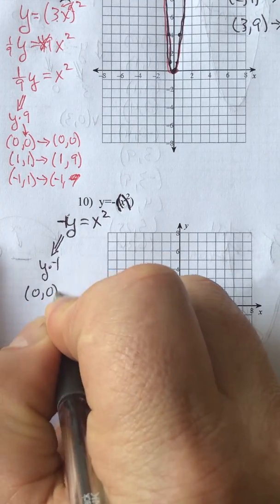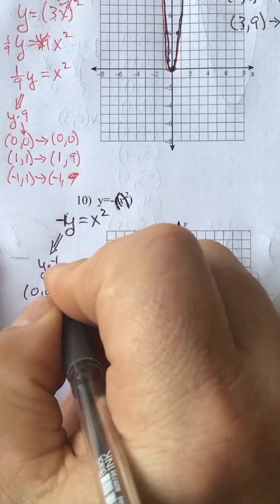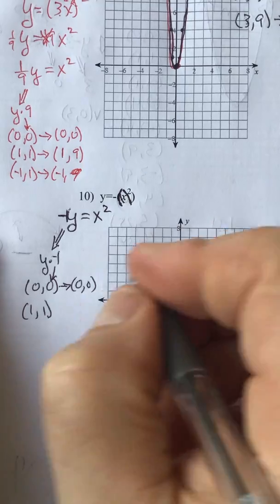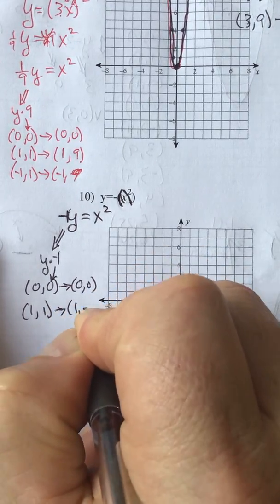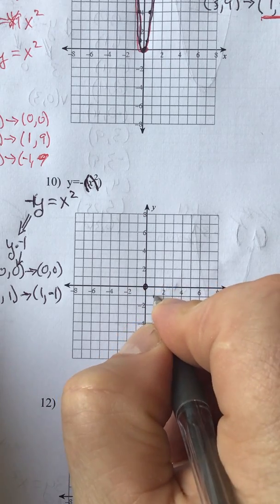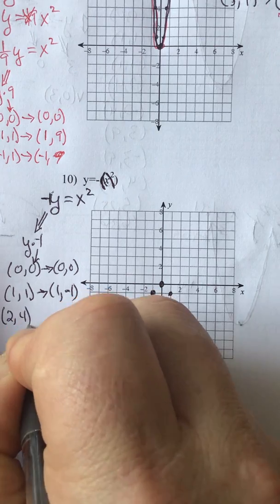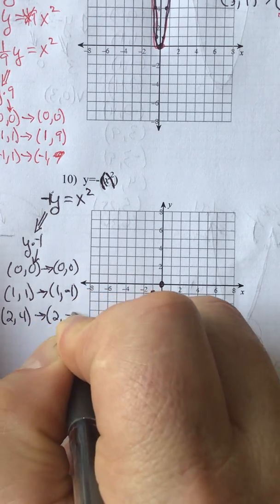So the 0, 0 becomes 0, 0 still, but for the 1, 1, the y becomes negated. So that's going to become 1, -1. So 0, 0, over 1, down 1, over 1, down 1. The 2, 4, the y part gets negated.